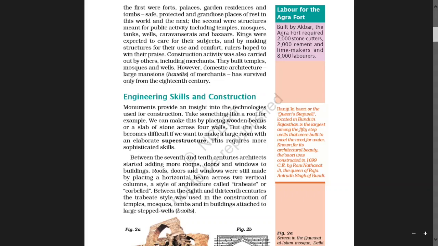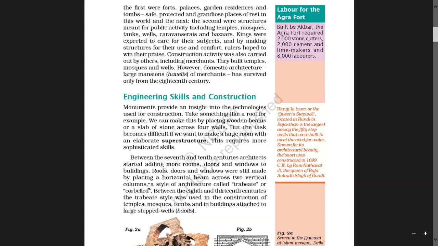Roofs, doors, and windows were still made by placing a horizontal beam across two vertical columns, a style of architecture called trabeate, or corbelled.